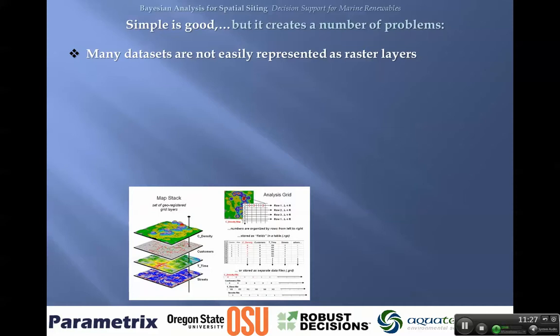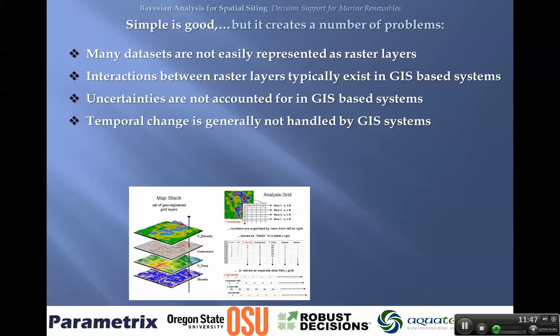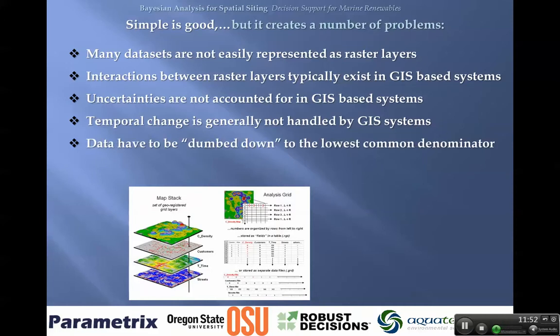So the biggest problem as we see it is a lot of data sets are not very easily represented as raster layers. Interactions between raster layers typically don't exist in GIS-based systems. Uncertainties are typically not accounted for in raster layers. Temporal change, generally not handled well by GIS systems.